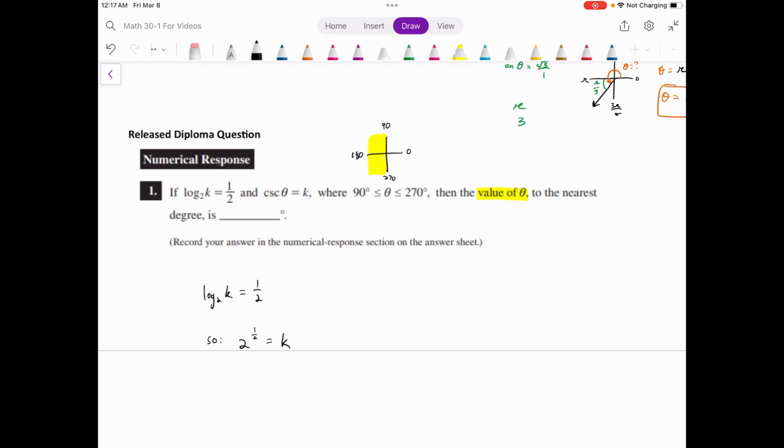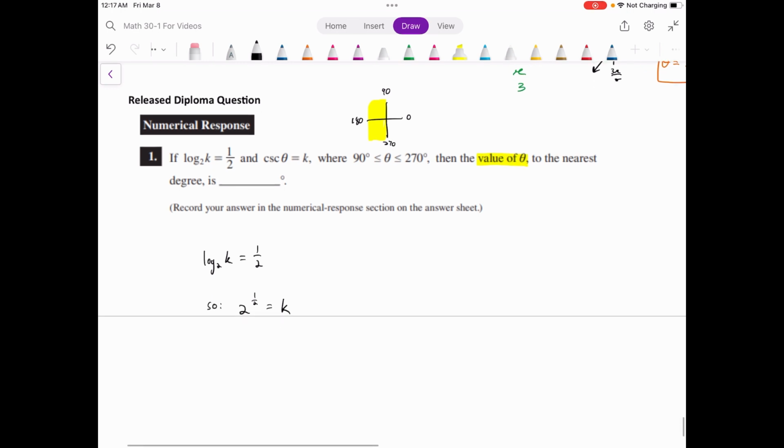Now, 2 to the power of 1/2, remember, that's just the square root of 2. So k is just the square root of 2. And there we go. Now we found k. So what does that mean? It means that cosecant of theta is equal to k, but now we know k is just root 2.